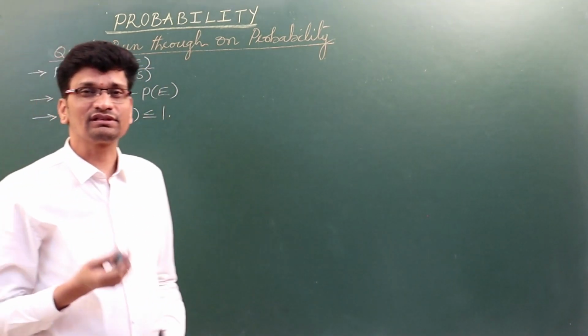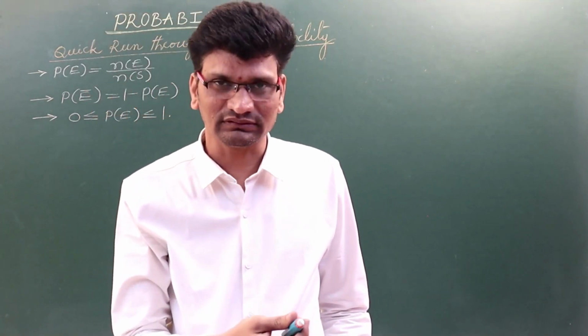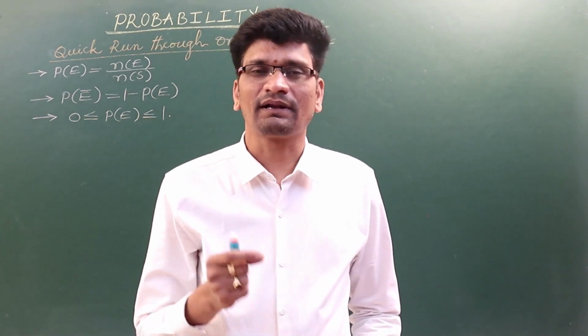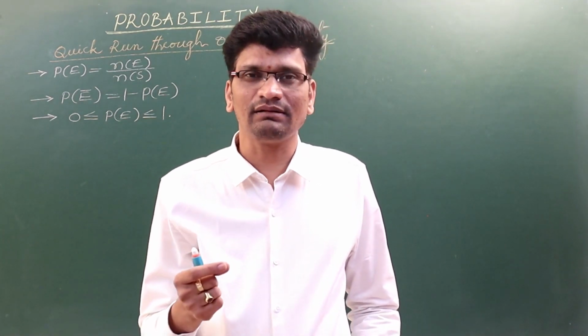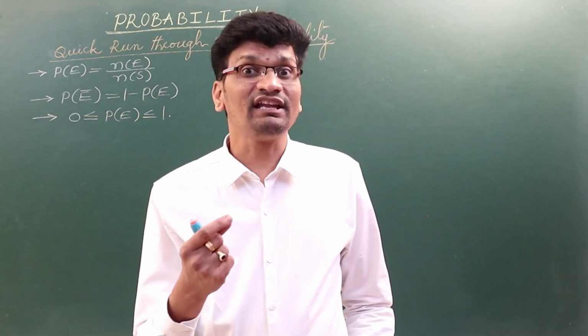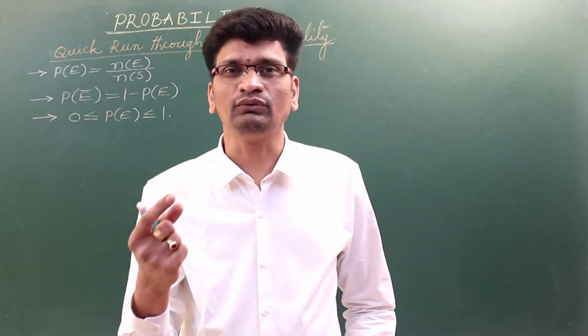Favorable chances and total chances are countable numbers or natural numbers, therefore they are always positive. It means the probability of any event in a random experiment always lies between 0 and 1. But it becomes 0 when it is an impossible event.